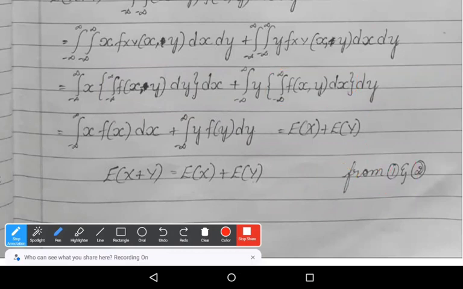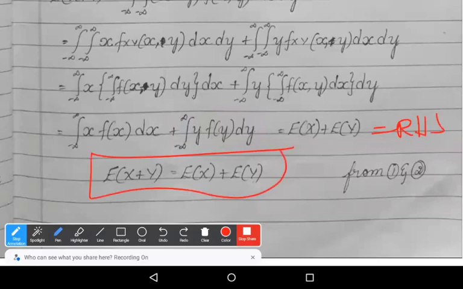Therefore, finally we get integral from minus infinity to plus infinity x f of x dx plus integral from minus infinity to plus infinity y f of y dy, which is nothing but expectation of x plus expectation of y. This integral is expectation of x and the second integral is expectation of y, which is the required RHS. Therefore, expectation of x plus y is equal to expectation of x plus expectation of y.